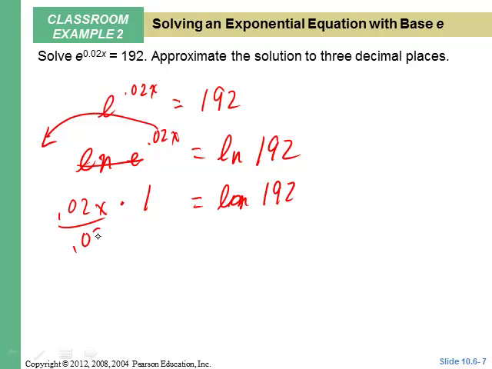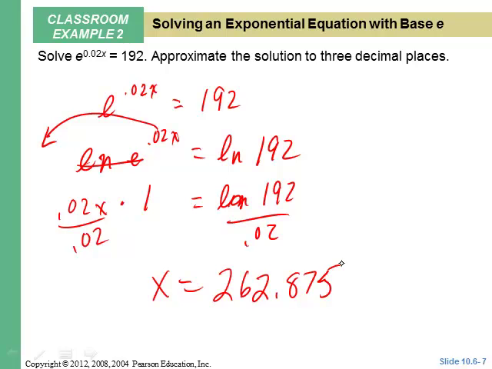Divide both sides by 0.02, so x equals ln 192, close the parentheses, divided by 0.02, and we get 262.875.